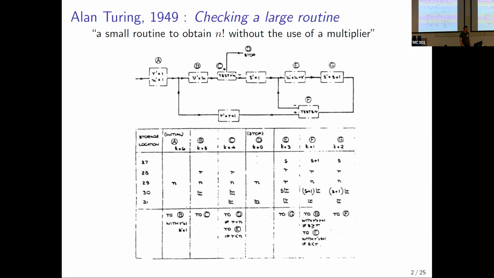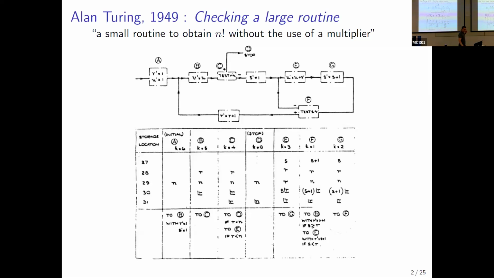Thank you. So I'd like to start with this picture. It's hard to read. What is interesting is that it's a paper by Alan Turing, Checking a Large Routine. In fact, it's not that large, but it's used to compute the factorial of n without the use of a multiplier.